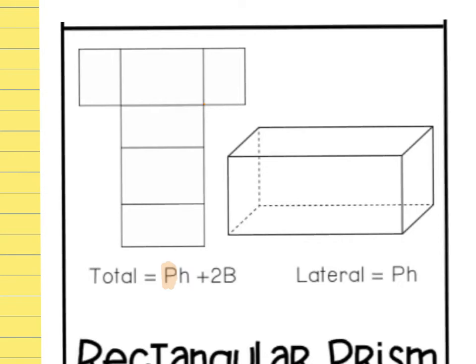So when you have a net, it's going to be one of these little pieces that's sticking out on the side. And we only need one of them because we're doing the perimeter of just one base. Okay, and then the height, which would be the line that's connecting the 2 bases, that would be this line.